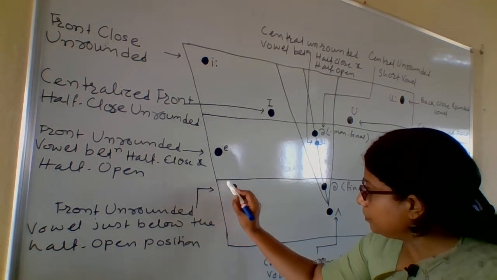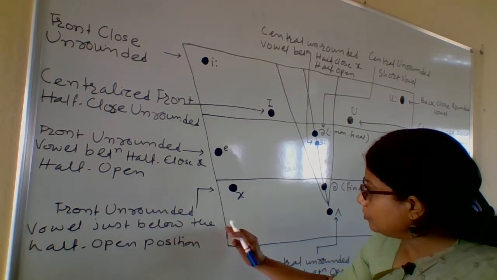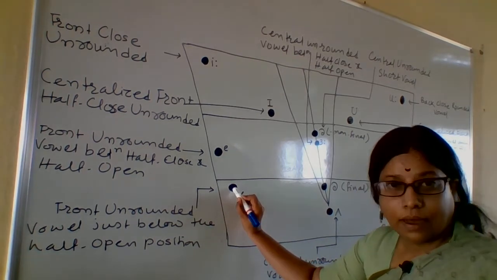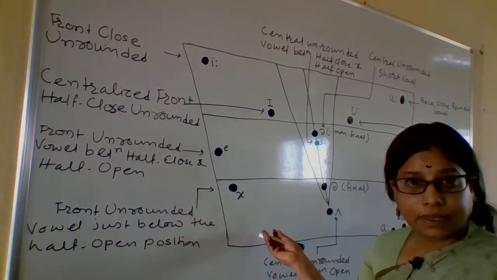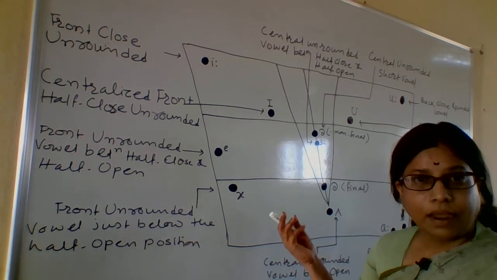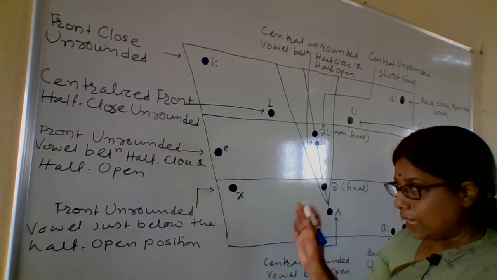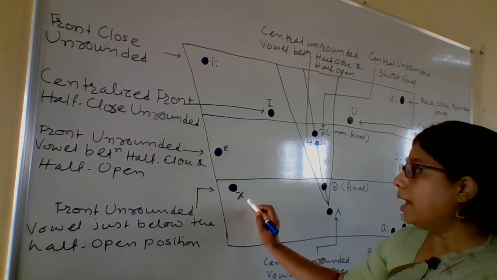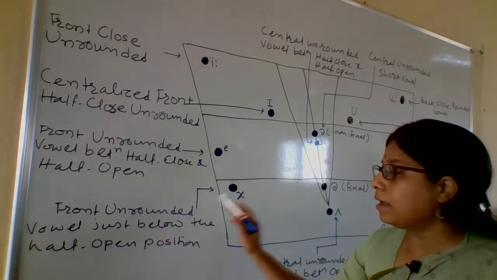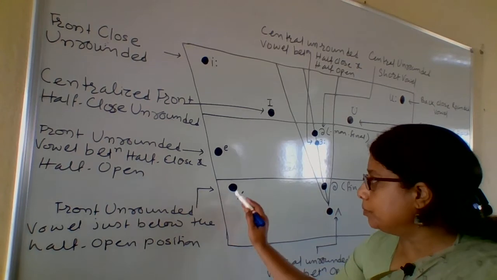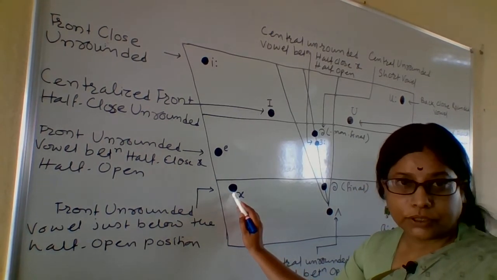This is the half open position and this is the front part of the tongue raised just below the half open position. Lips are unrounded, for A, lips are spread but they are not rounded. So A is a front unrounded vowel just below the half open position.